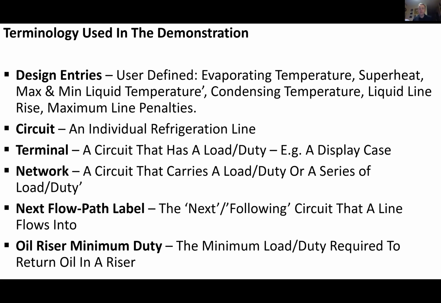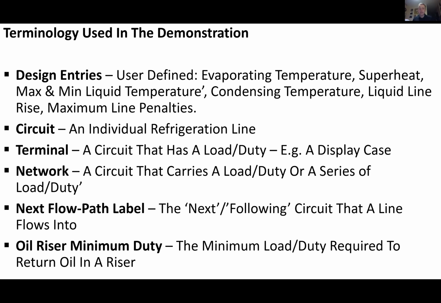These are what MicroPipe isn't going to tell you, because from one system to the next, they can have lower evaporating temperatures, higher evaporating temperatures. Indeed, where you set your superheat, that may be defined by your end user, an end user who's got a specification. So you're going to set and define that superheat. What are the maximum and minimum liquid temperatures? Well, I'm assuming for this demonstration, we've got subcooling, so I'm looking at lower liquid temperatures.